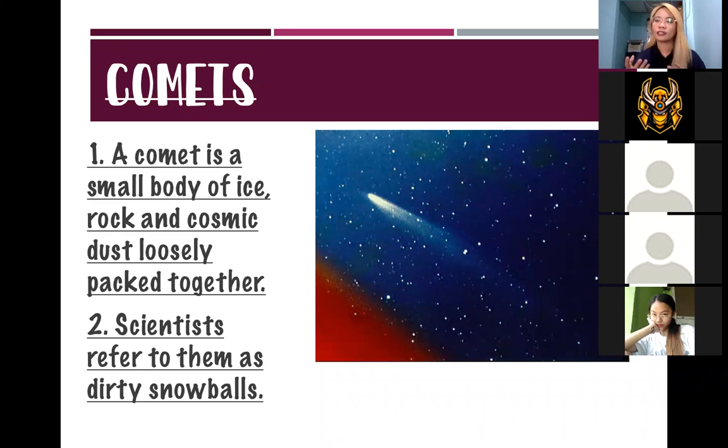So parang ganun lang talaga yung comets. It's like a snowball with rocks and dust na kumakapit sa kanya as it travels not just around the solar system but in other solar systems as well. So habang natutunaw yung ice, the bigger yung kanyang nagiging tail.